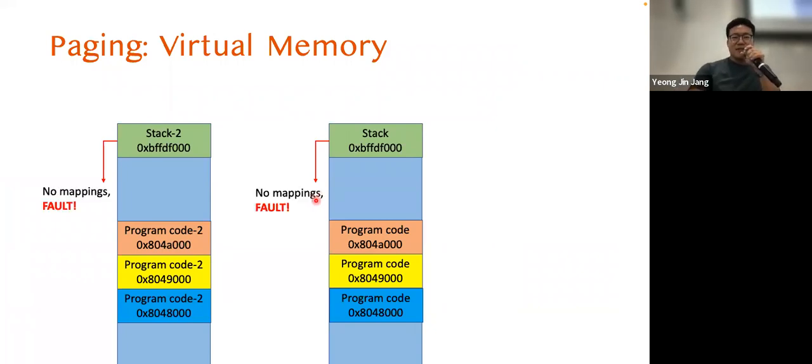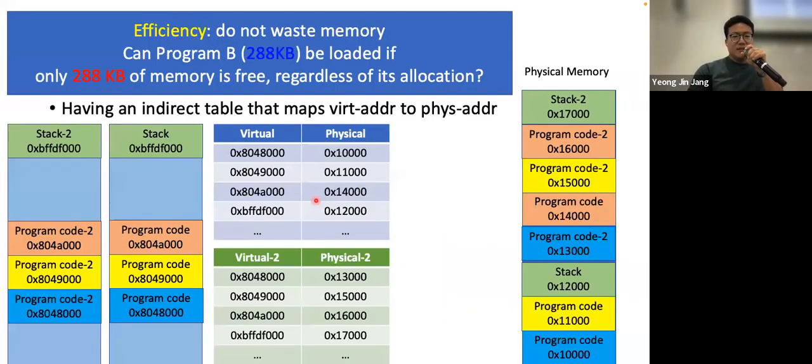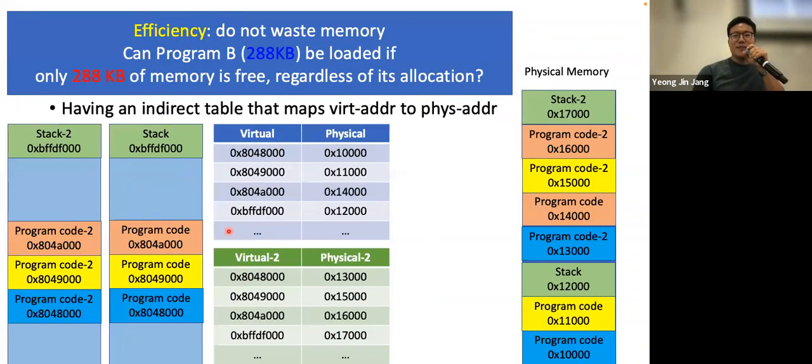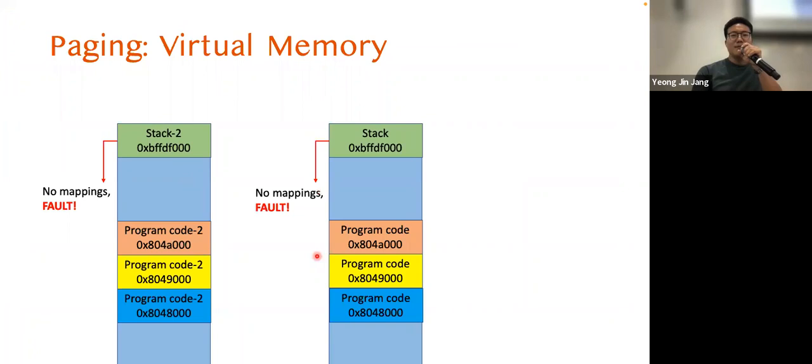But in the virtual memory model, they will have different tables. So in their virtual memory, they don't have any address mapped here. What that means is that in this table there's no entry, and then the CPU will just generate a fault on it.